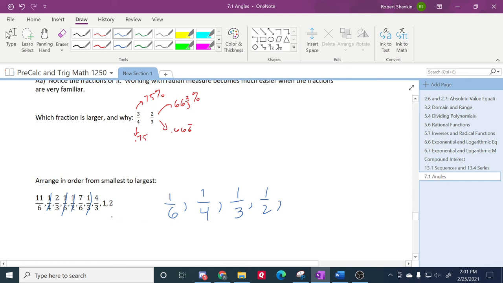And then what's going to come next? 2/3, because it's missing a third piece, and then 1 whole piece, and then 1 1/3, which is the same as 4/3.